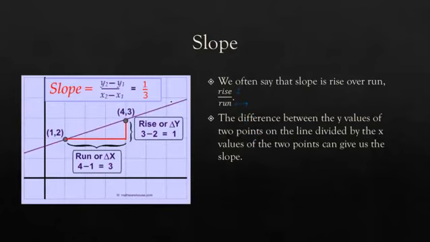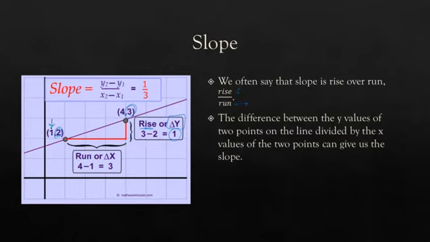Here, this purple line, let's look at our rise. So between this point, (1, 2), and the point (4, 3), we can look at our y values between 2 and 3. We have a difference of 1. So that's our change in our y, or our rise. How far we've gone across, or our run, is going to be a change in our x values.